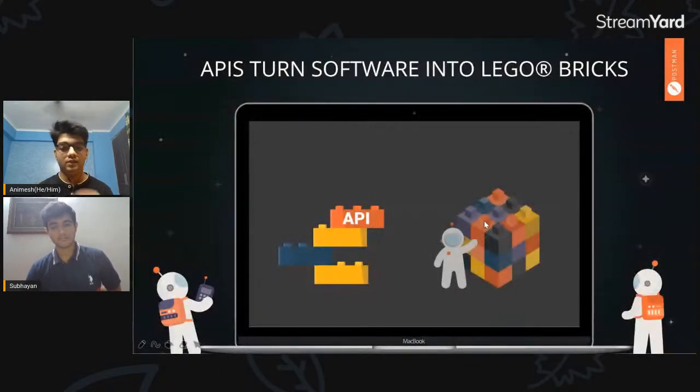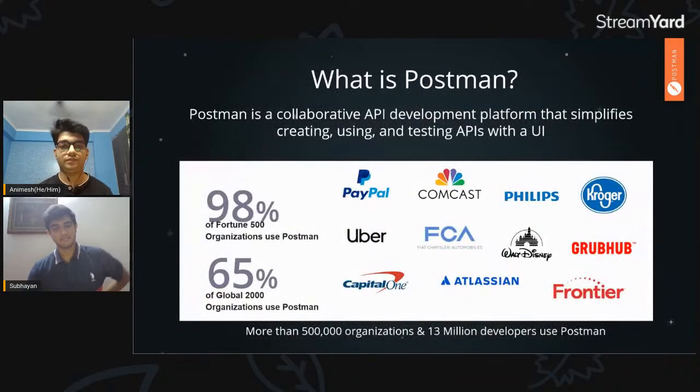So how we make the APIs and how we put them together is basically how we make software. When we put enough Lego blocks together, they finally build a box, a cube type of thing.